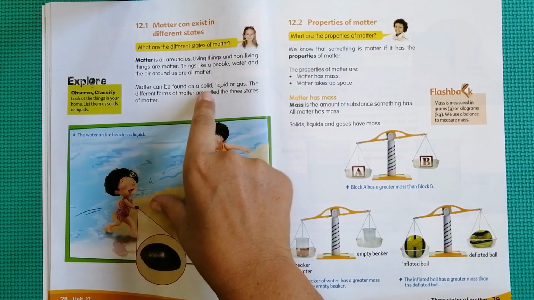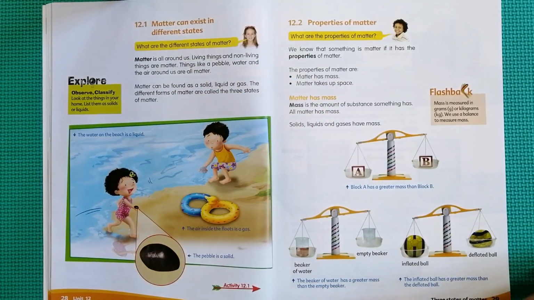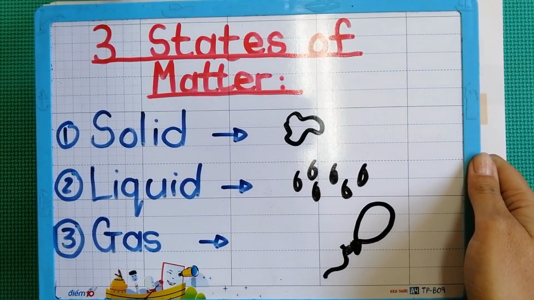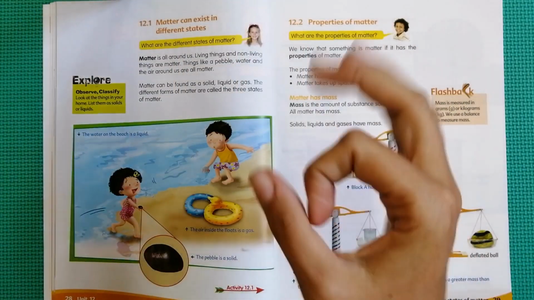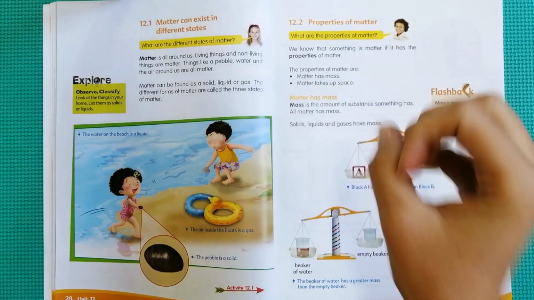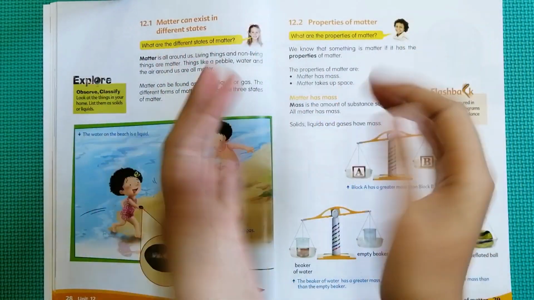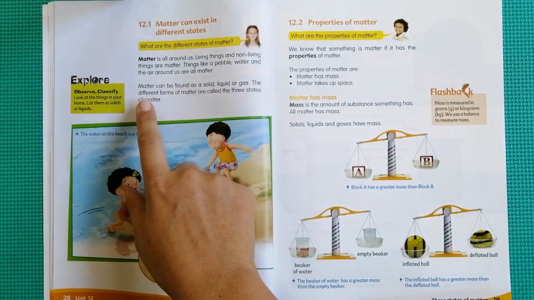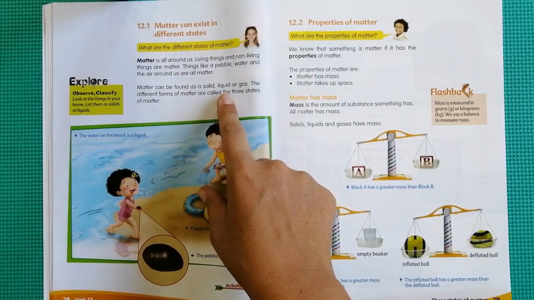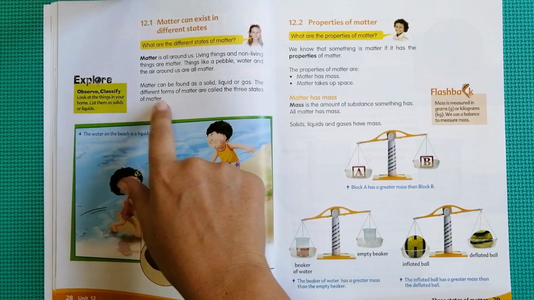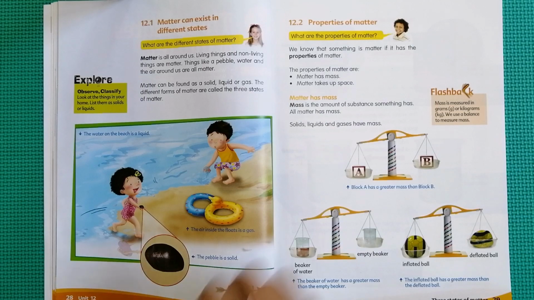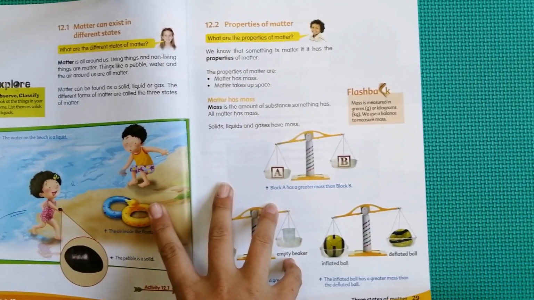Matter can be found as a solid, liquid, or gas, just what I showed you. A solid for the pebble, liquid for the water, and gas. The different forms of matter are called the three states of matter. Three states. Got it?